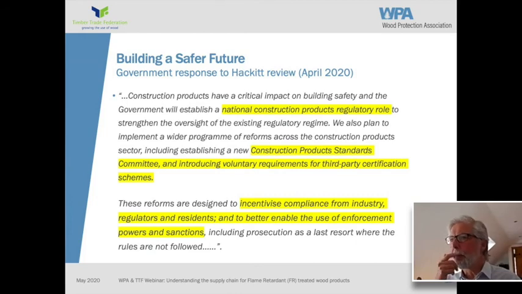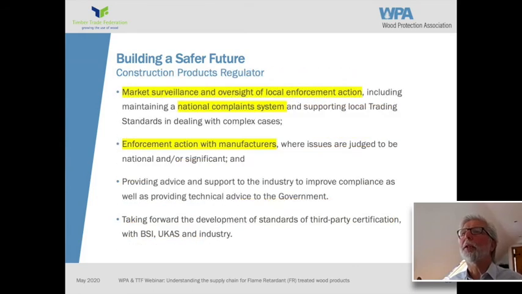The aim of those reforms is to incentivize compliance from industry, regulators and residents, and to better enable the use of enforcement powers by clarifying and focusing the regulators' powers. This will include market surveillance and a national complaints system.